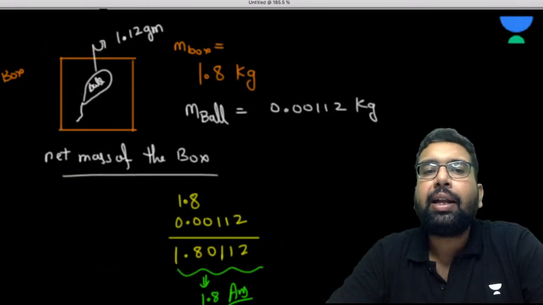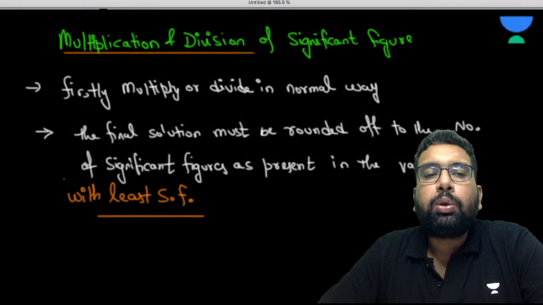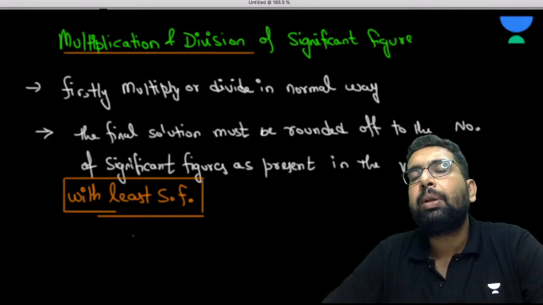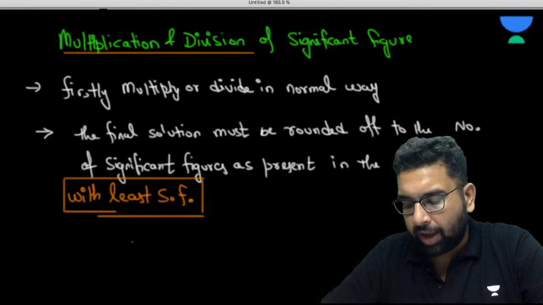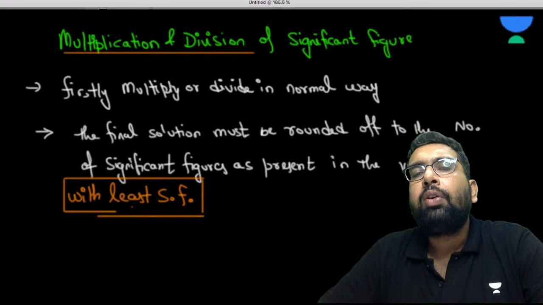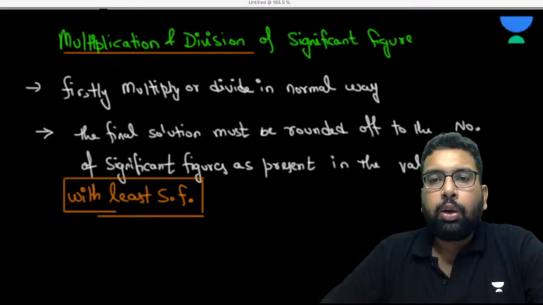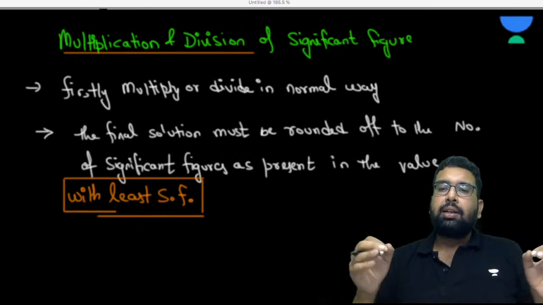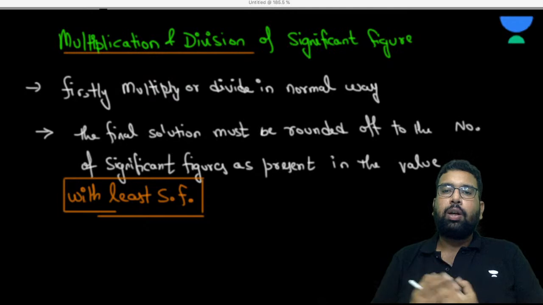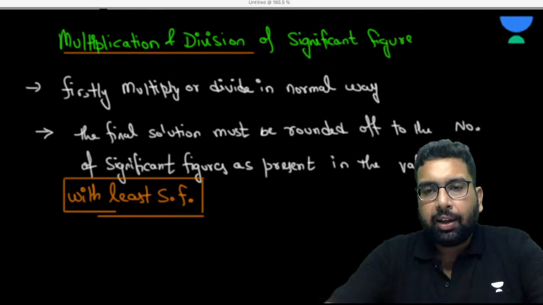In addition and subtraction, we round off to the decimal places present in the value with the least decimal places, and in multiplication and division, we are rounding off to the least significant figures. That is the basic difference.